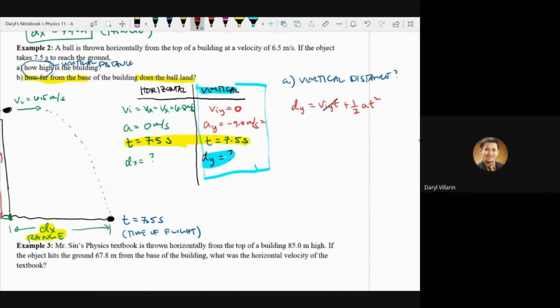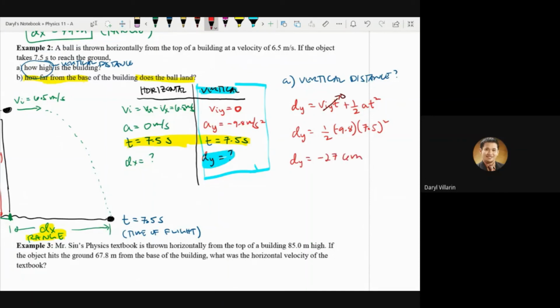Automatically, VIY is 0, so this term is 0 here. So dy is equal to 1/2 of negative 9.8 times the time, 7.5 squared.